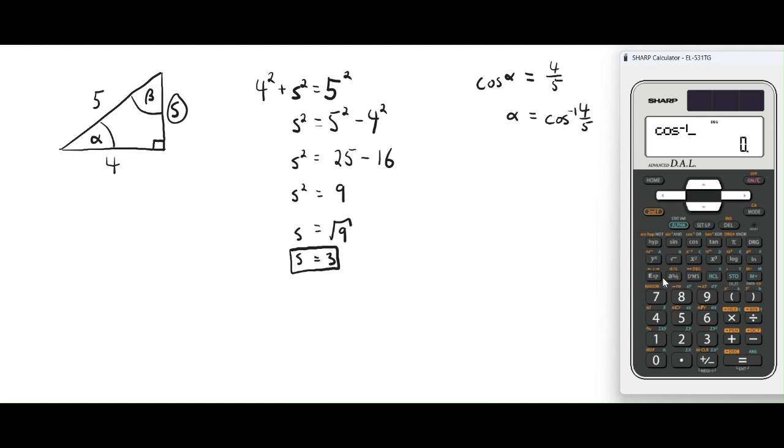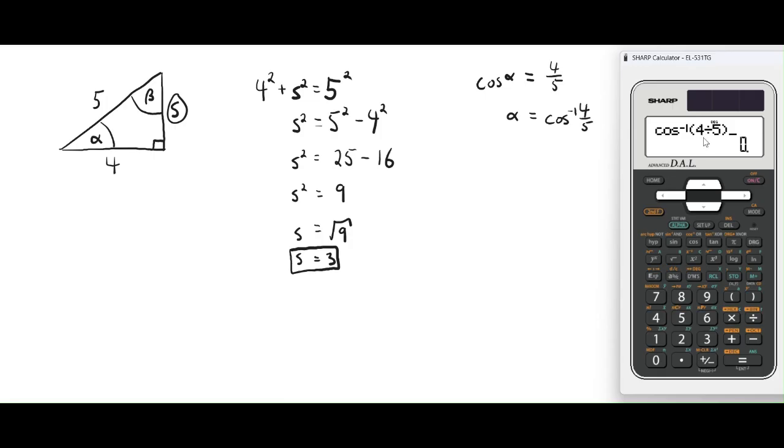Now I don't just want to type 4 because I'll have to type divide as well. Let me just show you what I mean. What I need is a bracket first, because I want the inverse cosine of 4 divided by 5. If I didn't use brackets, it would have just acted on the 4, and then after that divide by 5, which is a different number and the wrong answer.